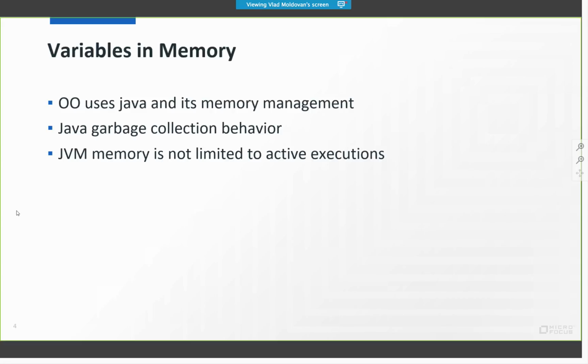Now, when we're talking about memory from the OO context, we need to keep in mind that besides the executions, there are a lot of other background tasks. So Central always has to manage the workers, to check on executions, to check various internal tasks.